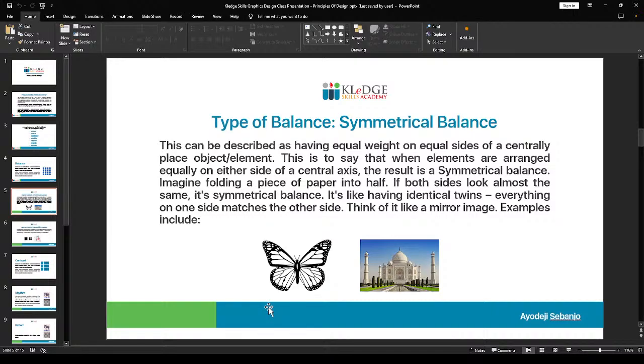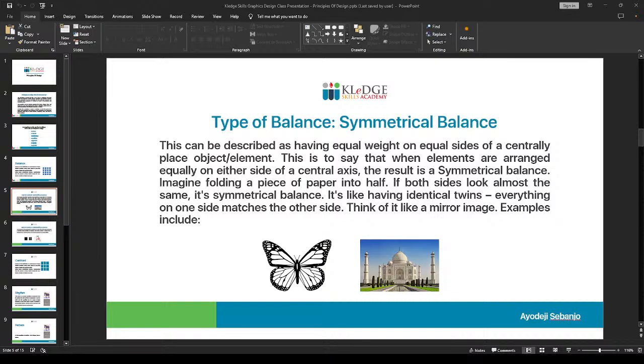Now let's just imagine that this butterfly does not have the right wing. Can you imagine that? Or let's assume that one is bigger than the other. Maybe the left wing is bigger than the right wing.